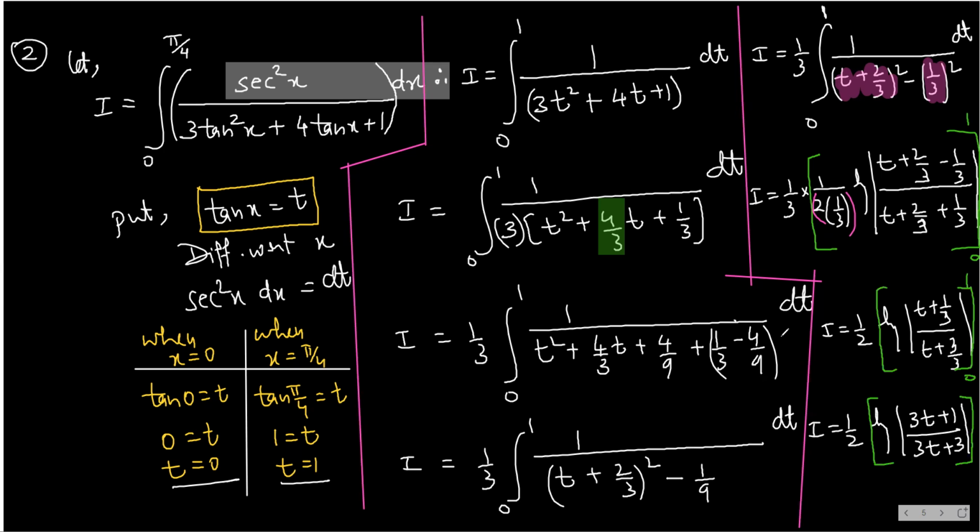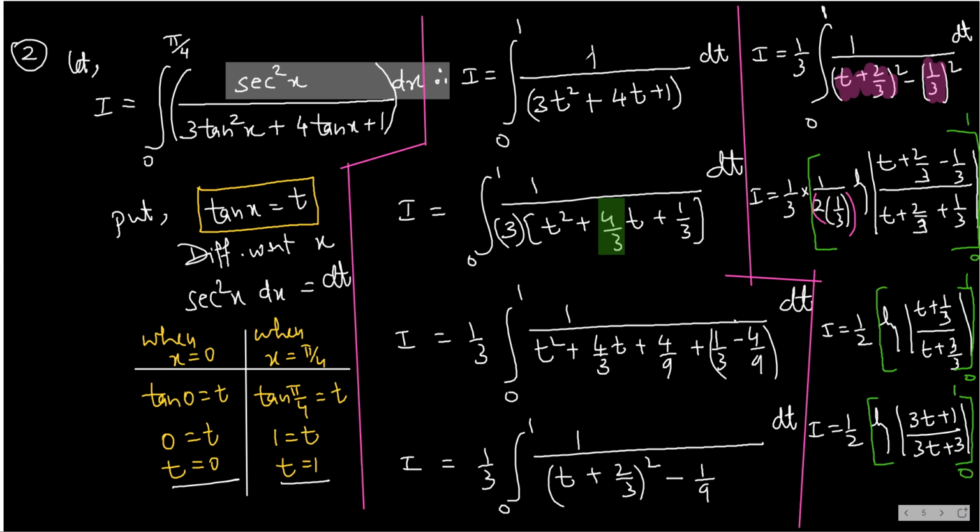I took LCM, so this 3 and this 3 cancel. It was a deliberate attempt not to cancel these two and write 1, because I wanted my answer to be this way. Otherwise, normally students will cancel this and write t plus 1. But remember, if you write t plus 1, then you can't handle this 3. Then that 3 will come down. I wanted my answer to look very uniform.